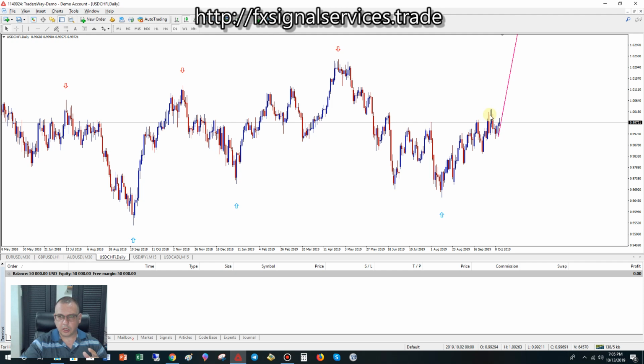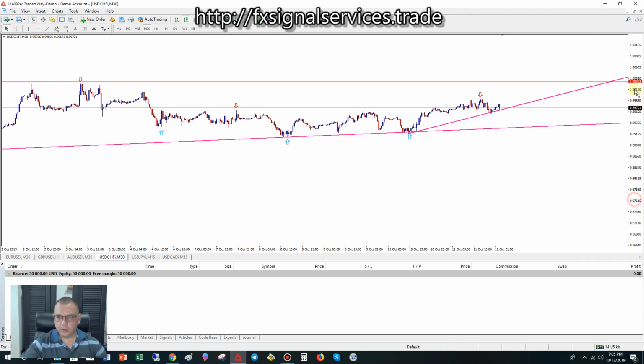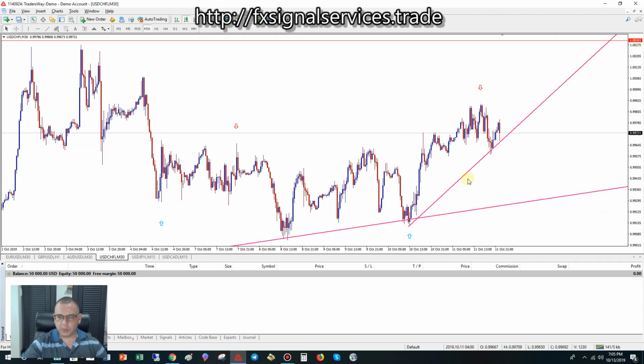Okay, this has stalled out, and we hit this strong level of resistance right here, and also we have an uptrend forming here. So this is your true uptrend. Like on the 30-minute chart, we have this small uptrend, but then we have a bigger uptrend according to the daily.